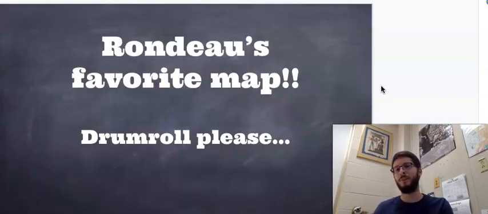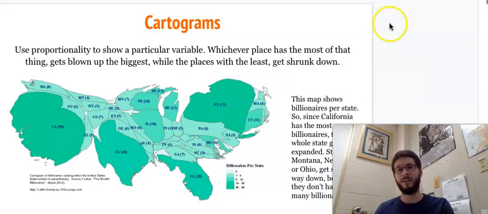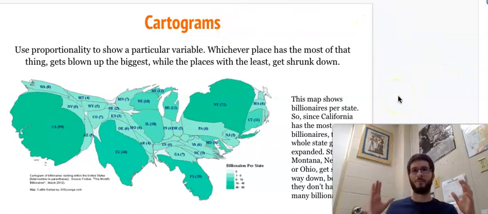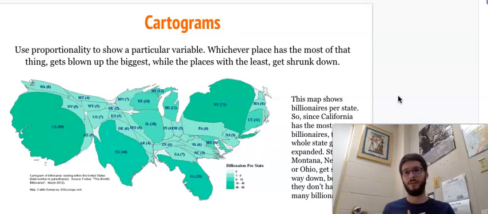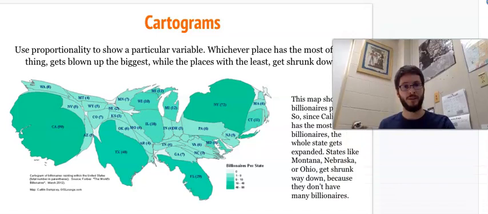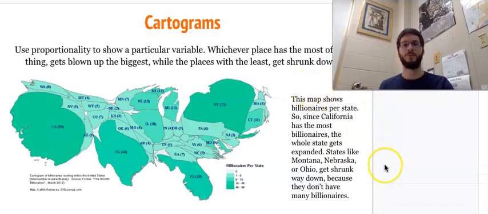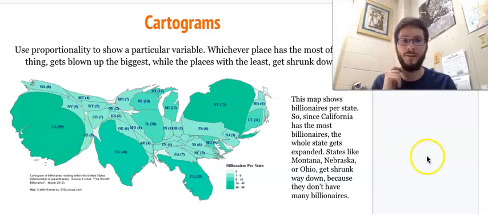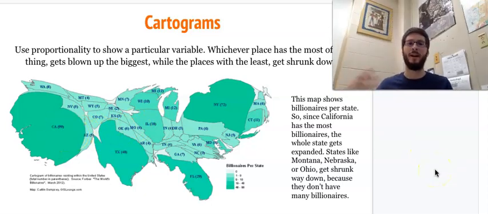And then my personal favorite map, it's super wacky looking. It's called a cartogram. Cartograms use proportional information as well. So in this case, and I know my face is in the way again, it says this map shows billionaires per state. So it looks like there were 99 people in California who are billionaires.